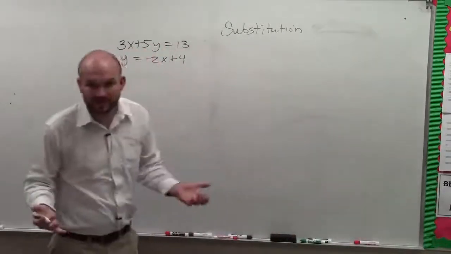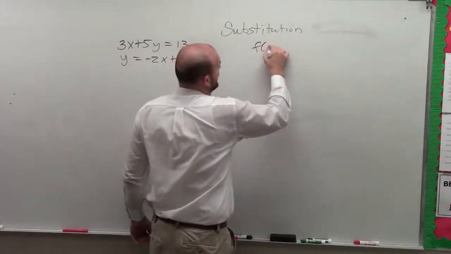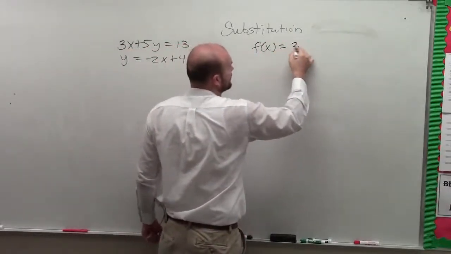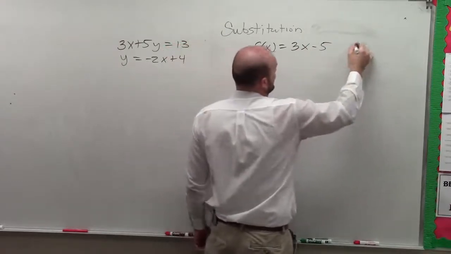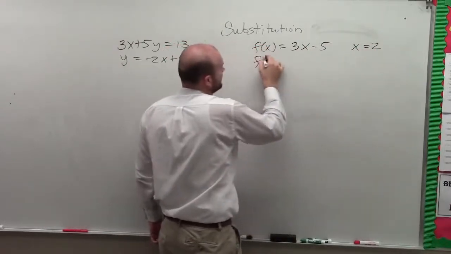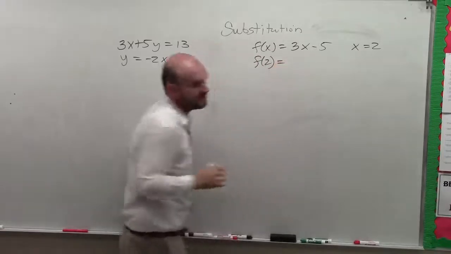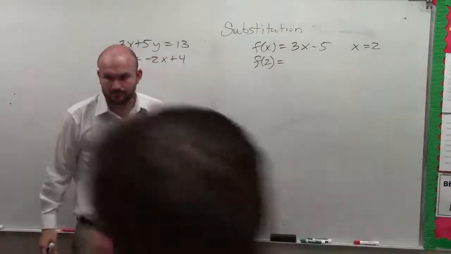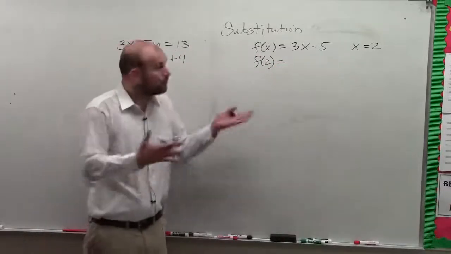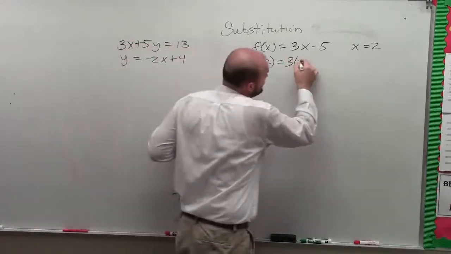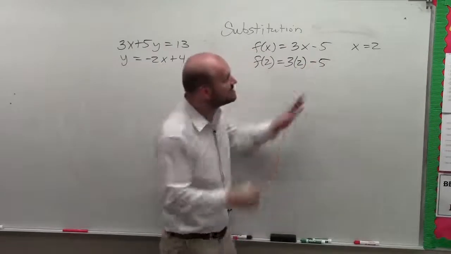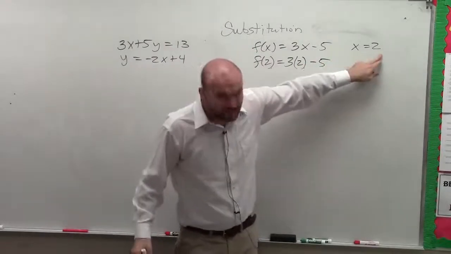if you guys remember when we did functions, if I had f of x equals 3x minus 5, and they would say find when x equals 2, or they would say f of 2. Now, what did we do with the 2? You put it in for the x, right? So you did 3 times 2 minus 5, because x was equal to 2.